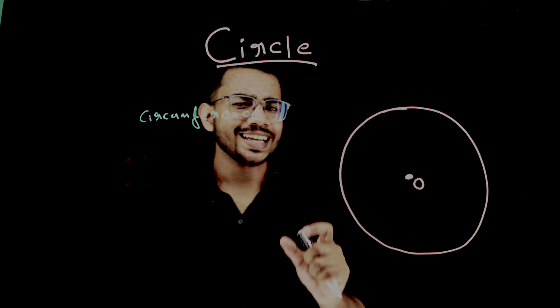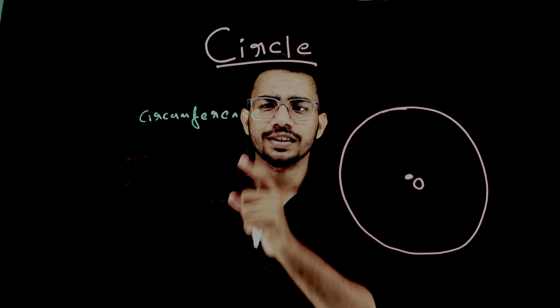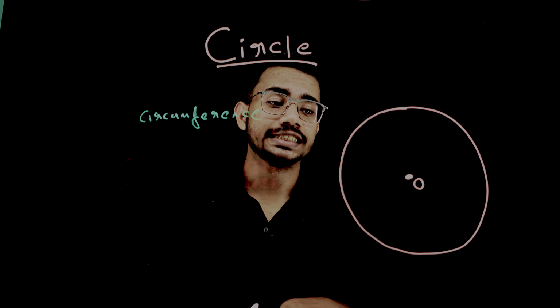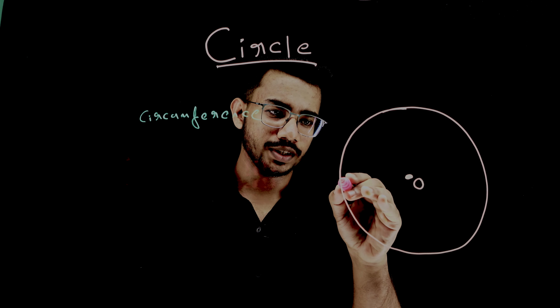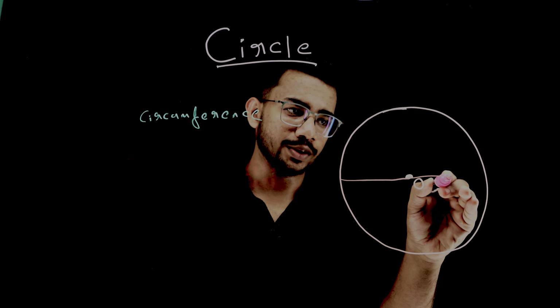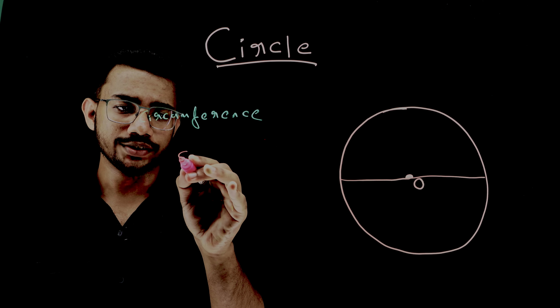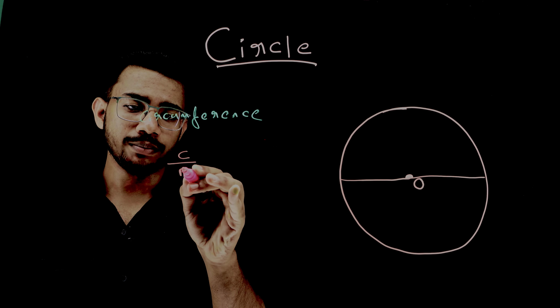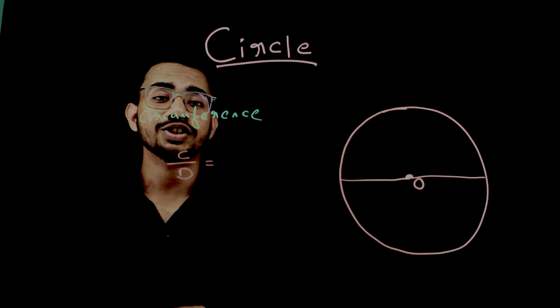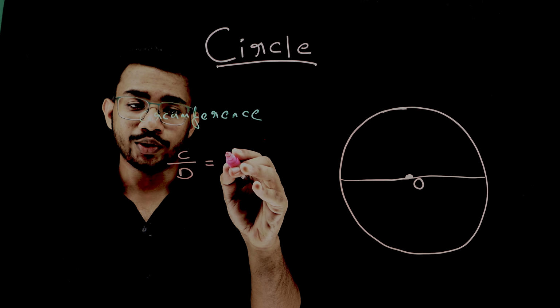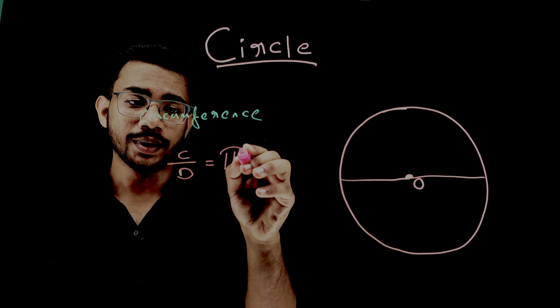Now, there is a small relation between the circumference and the diameter of a circle. The ratio of the circumference to the diameter of a circle will always be a constant, and that constant is what we call pi.